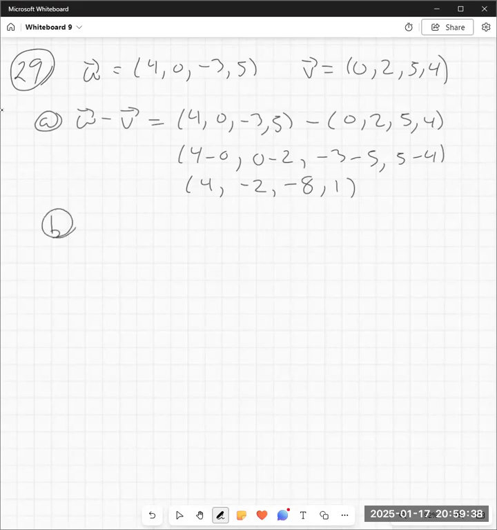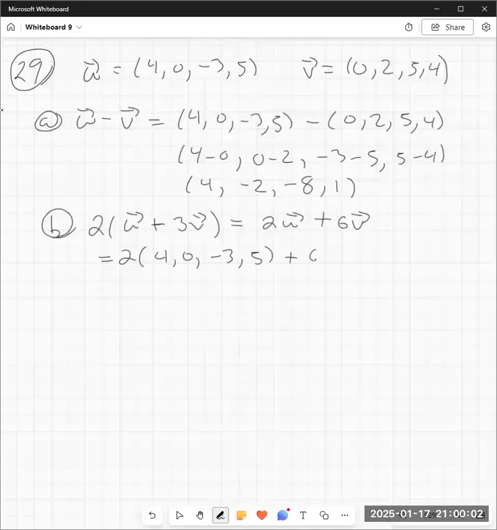Part B says that we want to find 2 times vector u plus 3 times vector v. And that's going to be equal to 2u plus 6v. So that's equal to 2 times 4, 0, negative 3, 5, plus 6 times 0, 2, 5, 4.